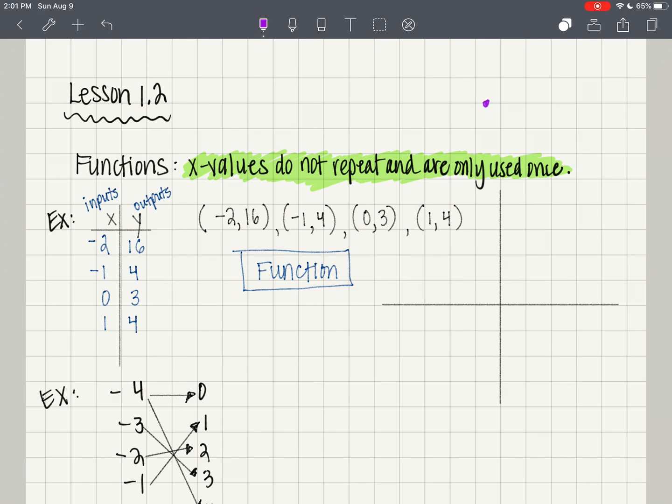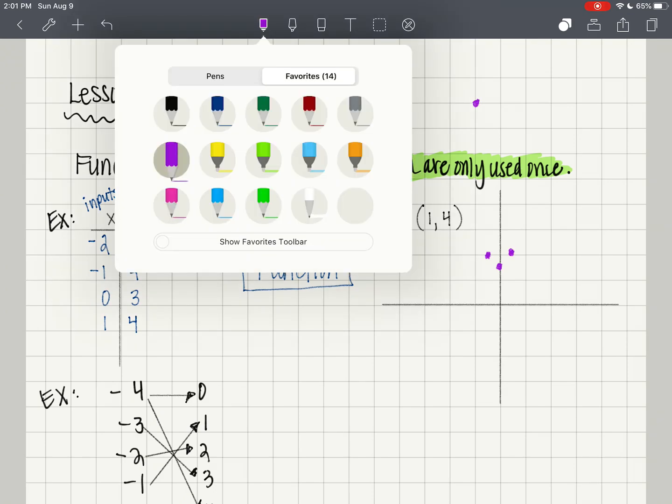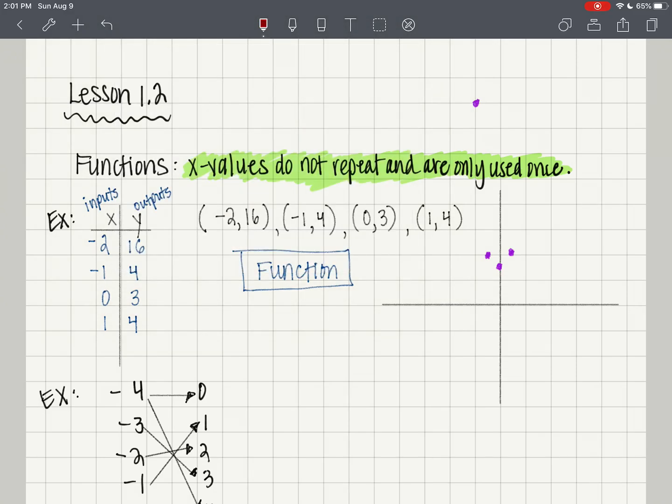And then -1, 4 would be right about there. And then 0, 3 would be right about there. And 1, 4 would be right about there. So you can see that we also could draw a vertical line and use the vertical line test.